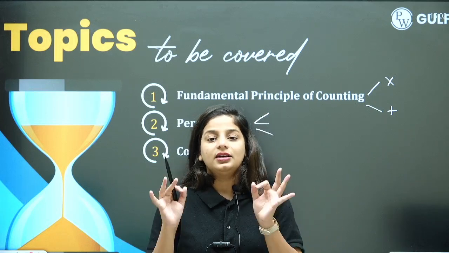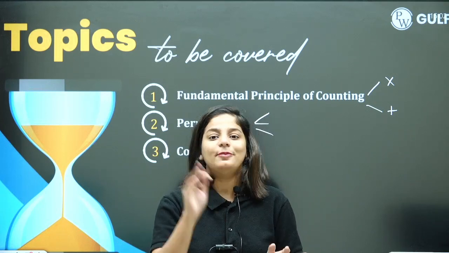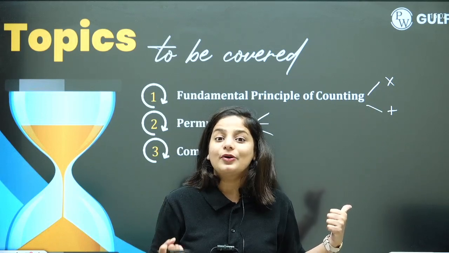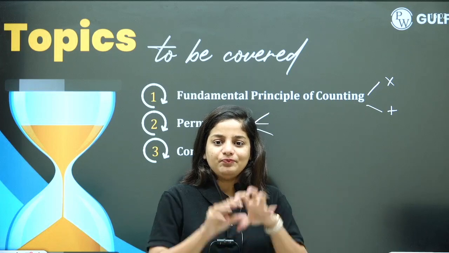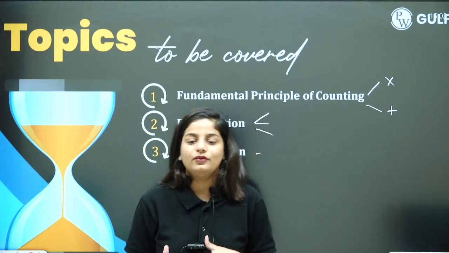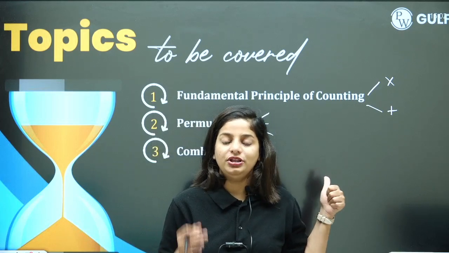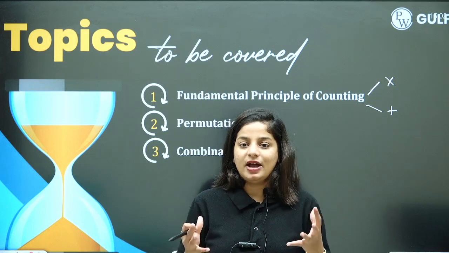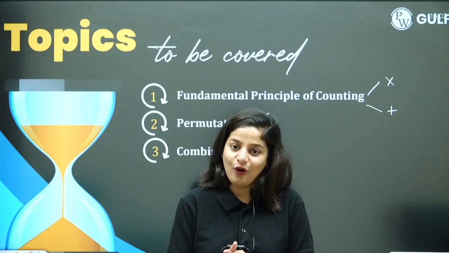Not just that, the next chapter, binomial theorem, will also involve combinations. So traces of this are present almost everywhere. You can find a lot of questions in JEE dependent on the knowledge of permutations and combinations, so knowing this chapter is going to really help you a lot.